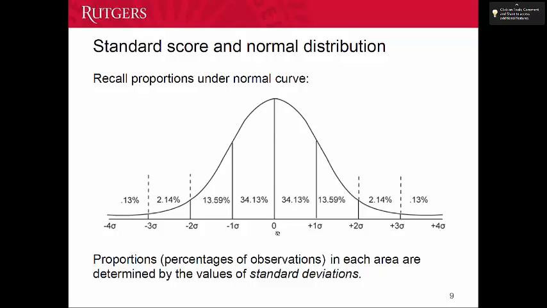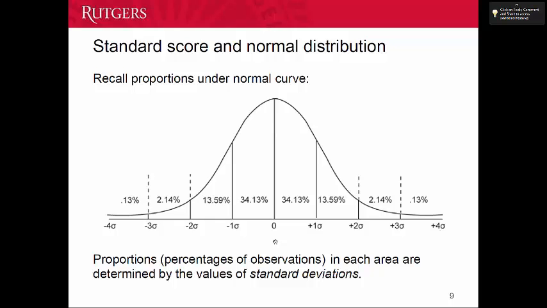A standard score can be used to convert any normal distribution to a standard normal distribution. Why can it do so? Recall that a normal distribution is not a standard normal distribution if its mean is not 0 and its variance does not equal 1.